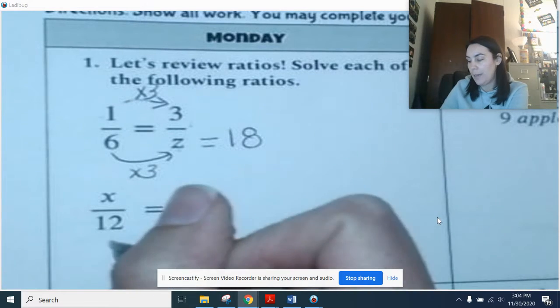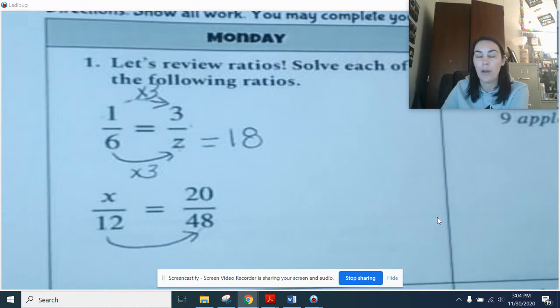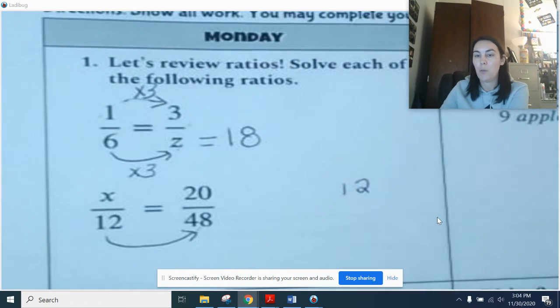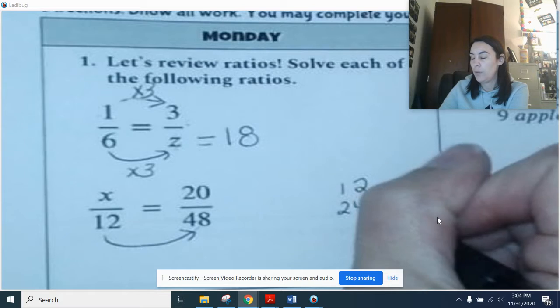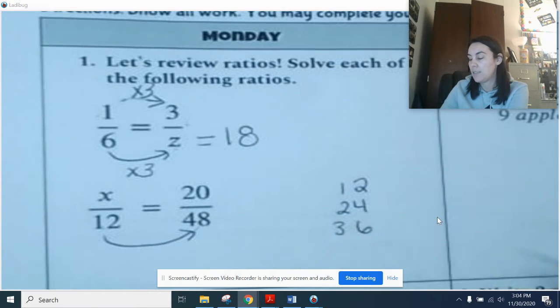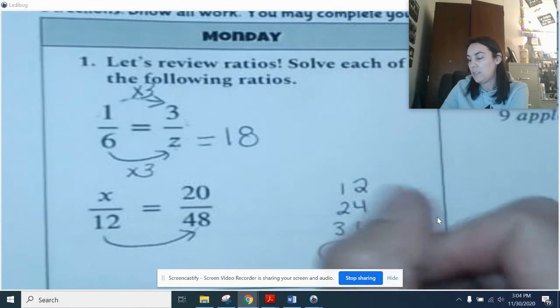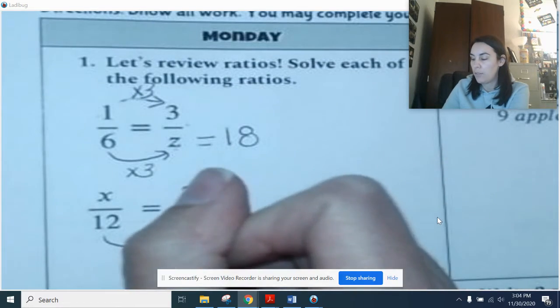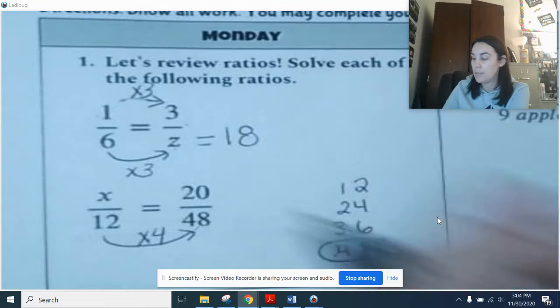Okay, for your next question, you have 12 going to 48, or you could look at it this way. Either way is correct. So if you think about your 12s, I'm going to write it over here. 12, 24, 36, 48. So that's 4 times. 1, 2, 3, 4. So 12 times 4 is 48.